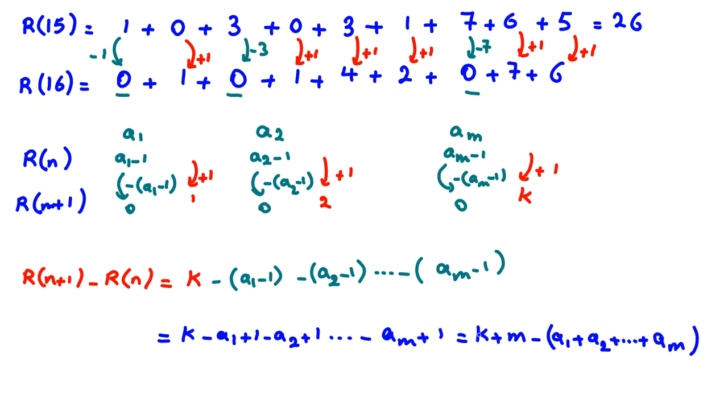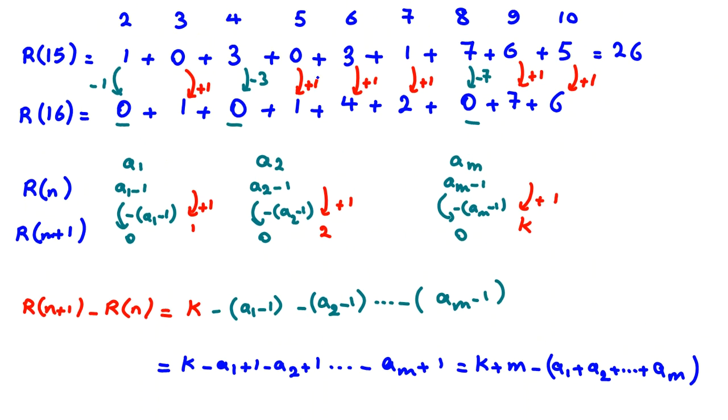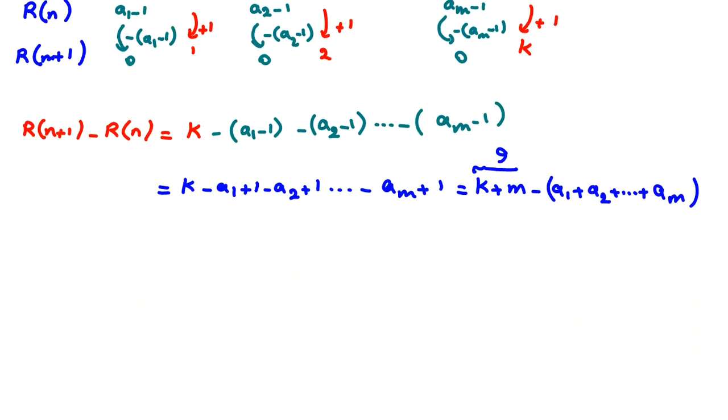Now k plus m is what? k is the number of red parts, m is the number of green parts, so it is the number of all parts. How many numbers are there, 2 to 10? That is 9, minus (a1 to am). So a1 to am, you should select some numbers whose sum is 9.